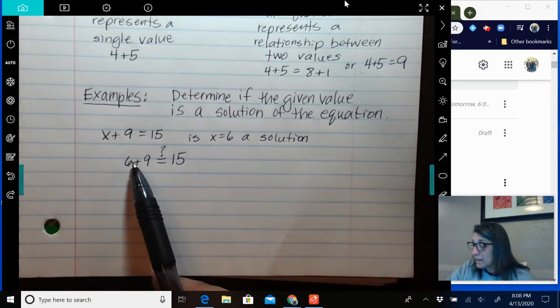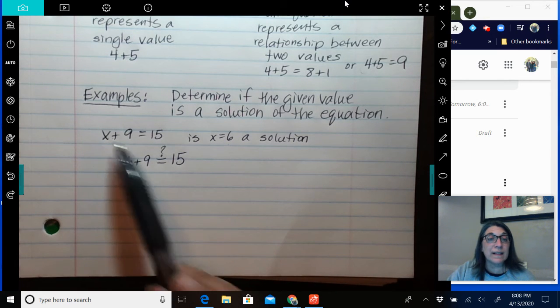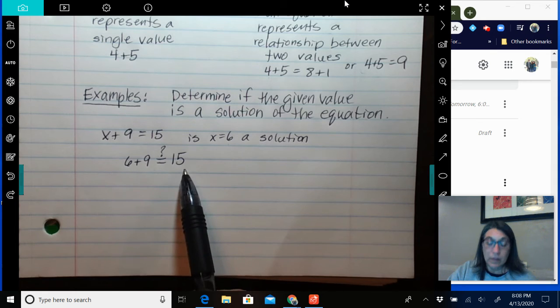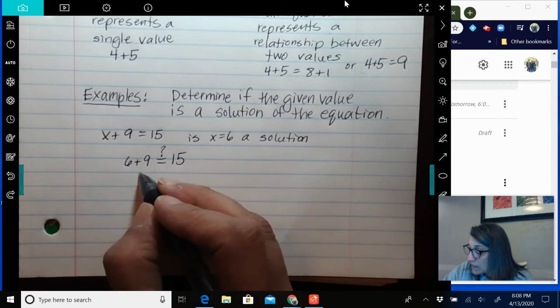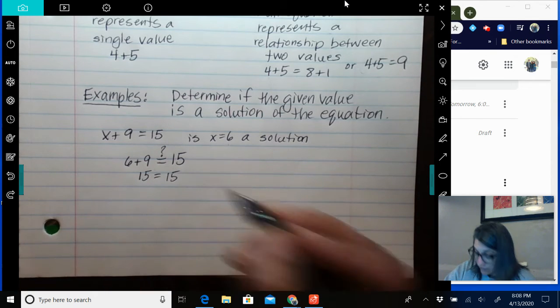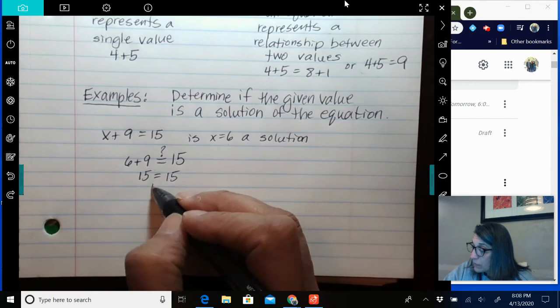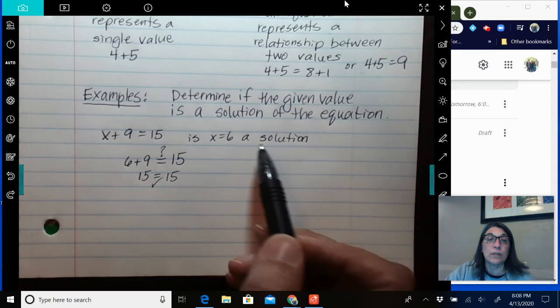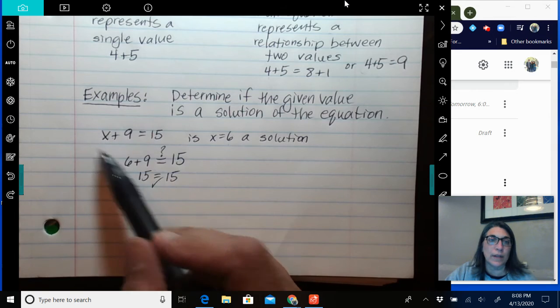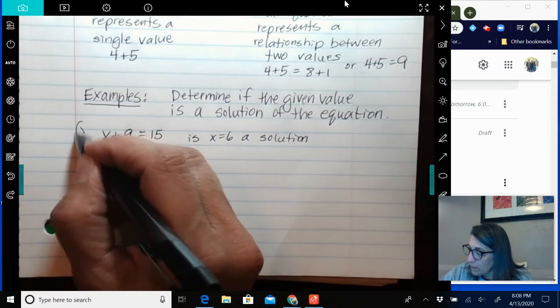If I put 6 in for the x, is that going to be a solution to make this equation equal? And then you add 6 plus 9 and you go, okay, this is correct. They are both equal. So x equals 6 is a solution for this equation. Okay, so that's one example.